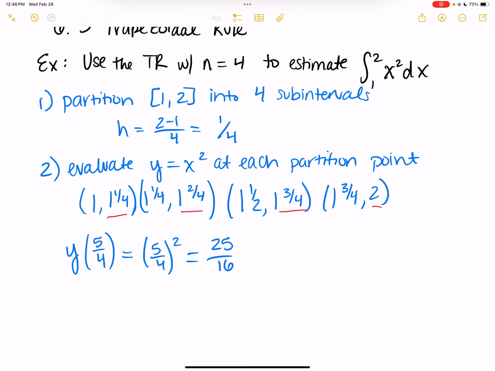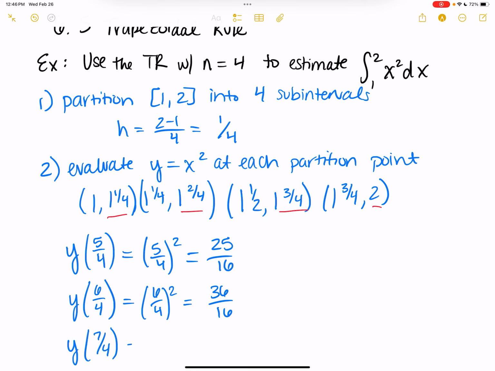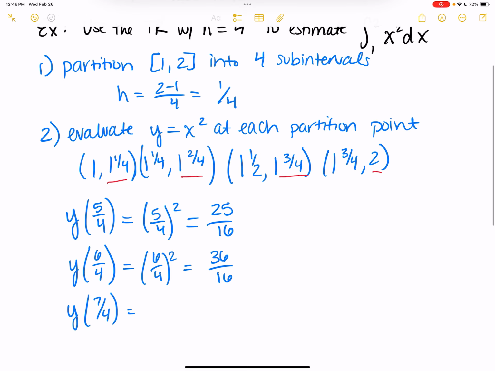Then y at 6 over 4, 6 over 4 squared, or 36 over 16. Then y of 7 over 4. The main reason for leaving them all over 4 instead of reducing is so that we already have the common denominator in the end. So this is 7 over 4 squared, which is 49 over 16.